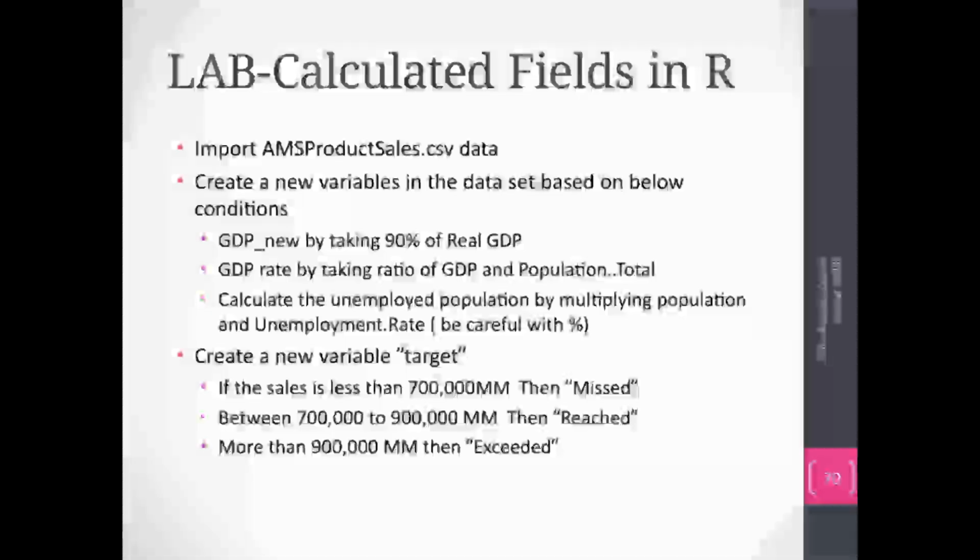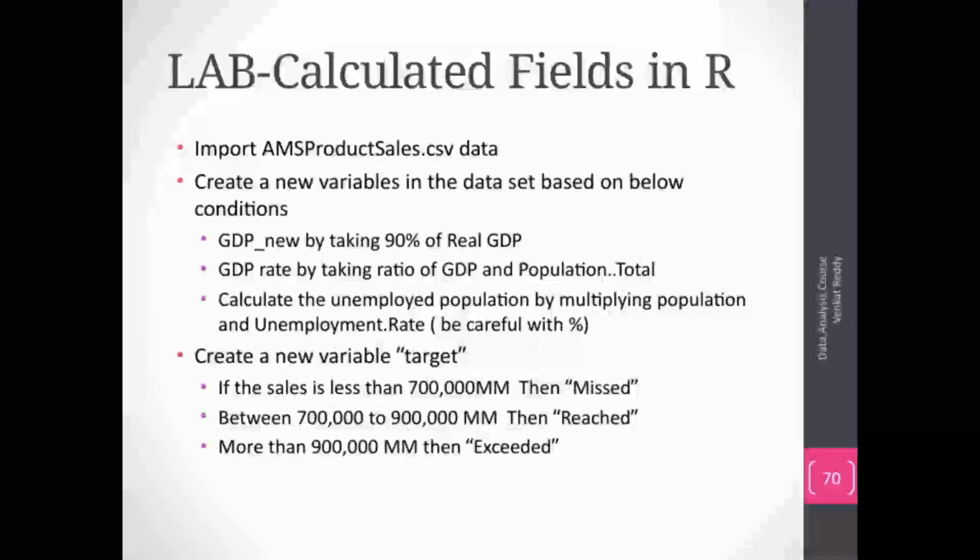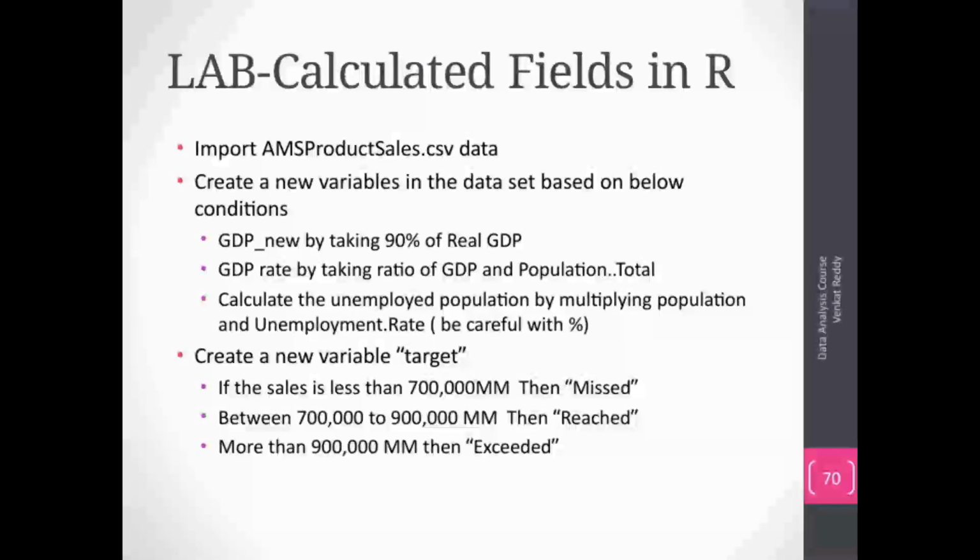Now let's look at some practical data manipulation techniques in R, specifically for our market data. First, we import the dataset named Market Data 1. Then, we create a new variable called nameNew, which takes the first 20 characters from the existing name variable. This helps us handle long names more efficiently. Next, we create another variable by converting the campaign name into uppercase, making it easier to compare or categorize later.